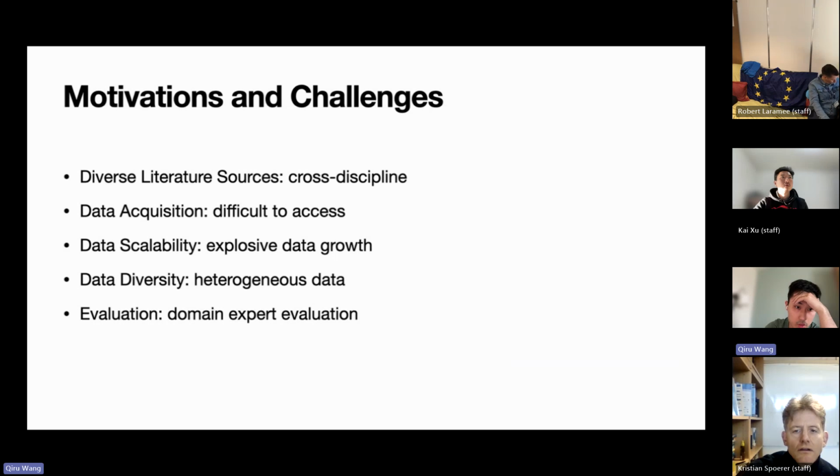And lastly, the evaluation process, where domain experts play a key role.